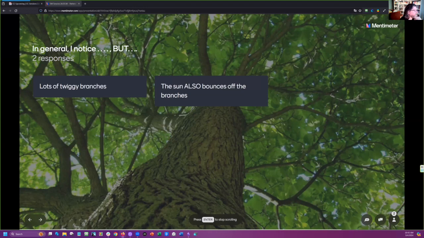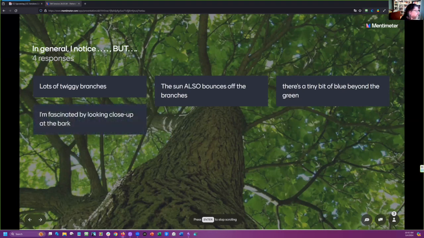So twiggy branches. Oh man. Those sun lines shining through. Wish I could have found a picture with a little animal hiding in a corner someplace for people to see.